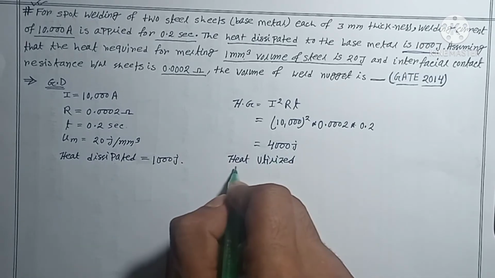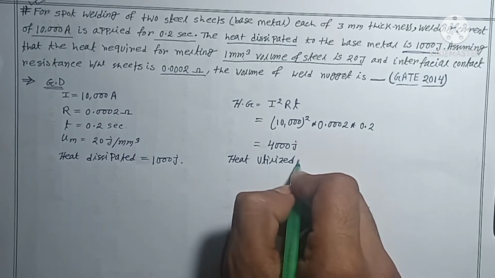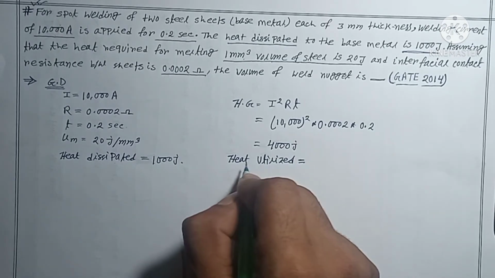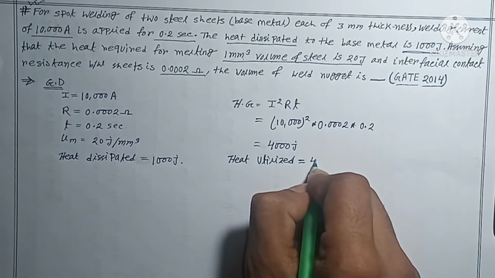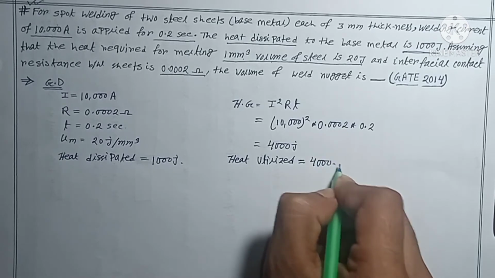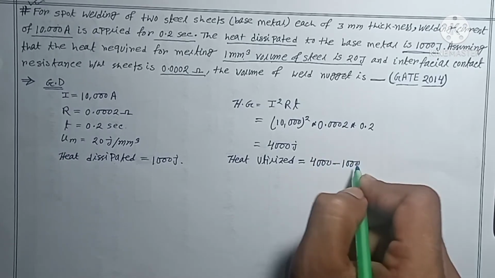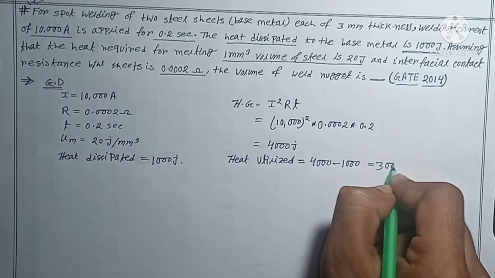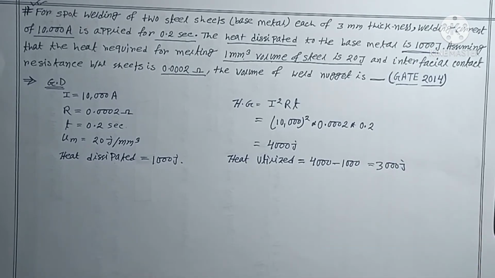So heat utilized is 4000 minus 1000. Am I right? So this 3000 joule heat basically helps us perform the welding. Now this 3000 joule is the total amount of heat.